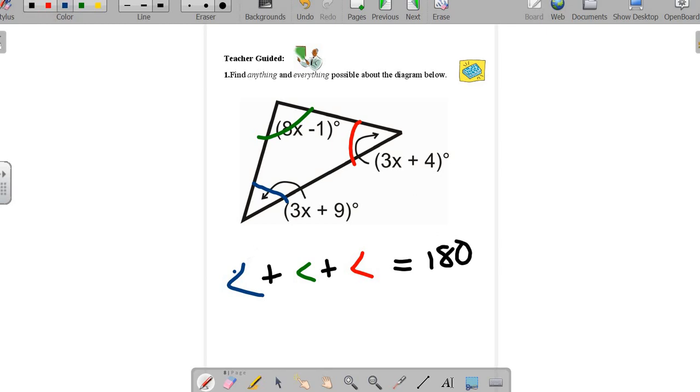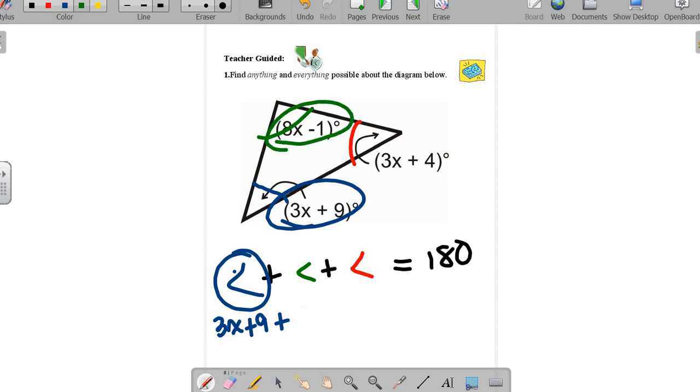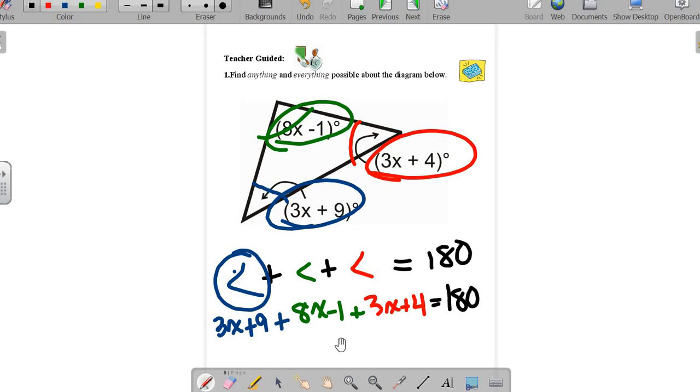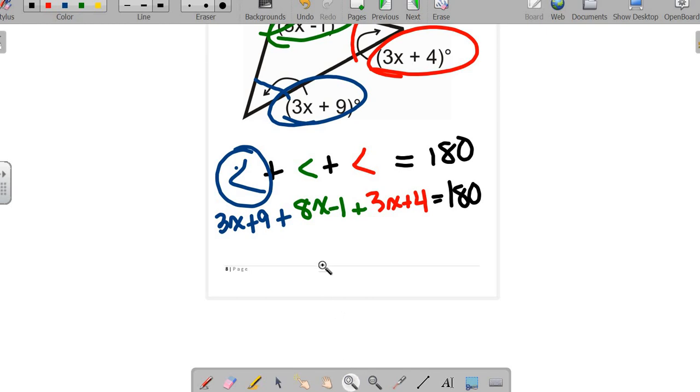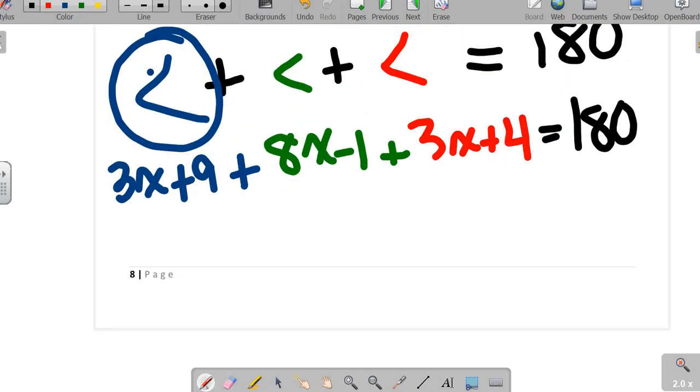So then we circle, plug, chuck. We have this angle and we plug it in. This angle, we plug it in. Solve.